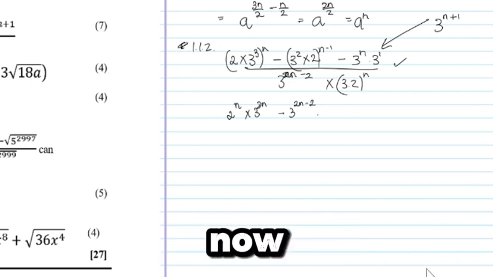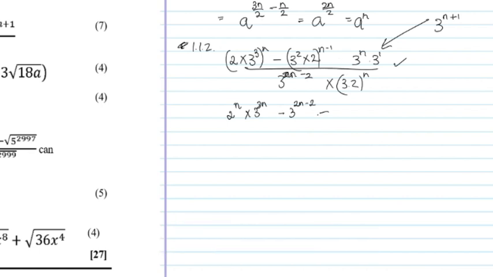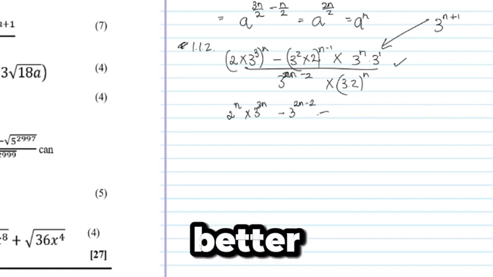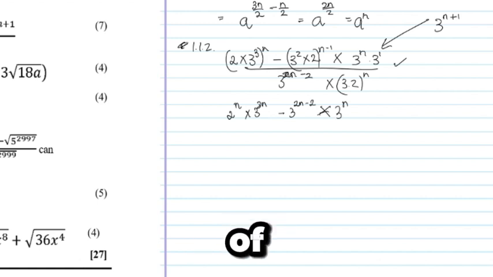You understand? Now I'm going to have minus. In front of the 3 must be a times or a minus. Is the multiplication. Okay, thank you. So there should be a multiplication there. Is that better? So we have a multiplication there, so that's going to be 3 to the power of n. Did I skip the 2? Okay.